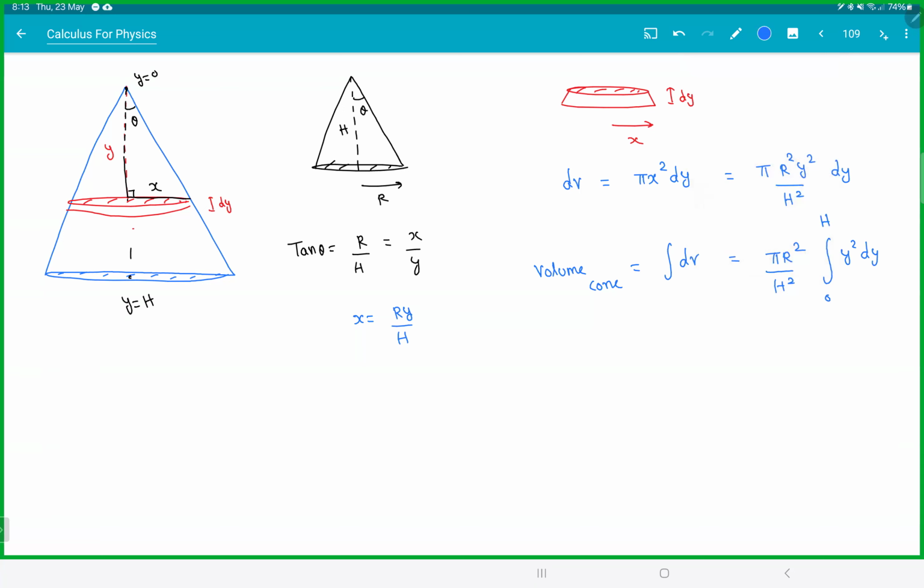That is the meaning of this: y is changing from where to where. So this is pi r square by h square, this would be y cubed by 3, limits from 0 to h. So pi r square by 3h square, this would be h cubed. So 1 by 3 pi r square h.